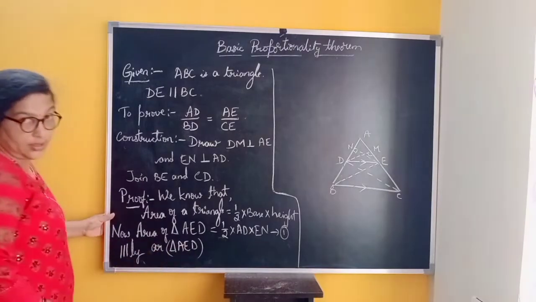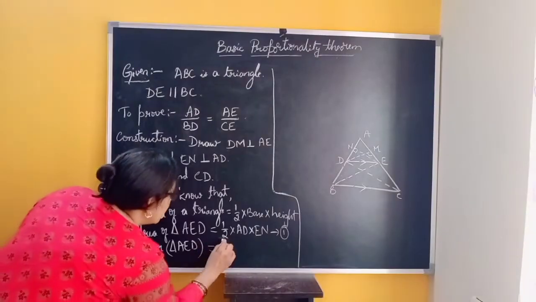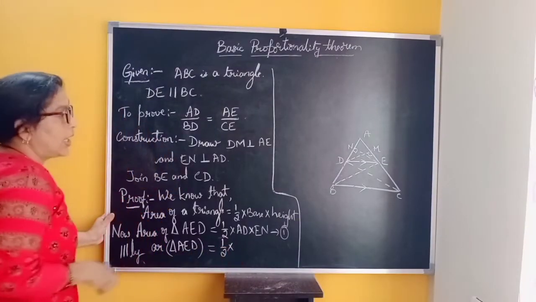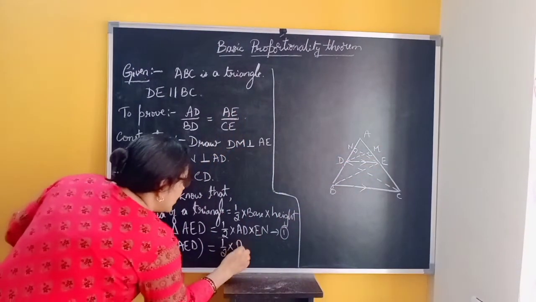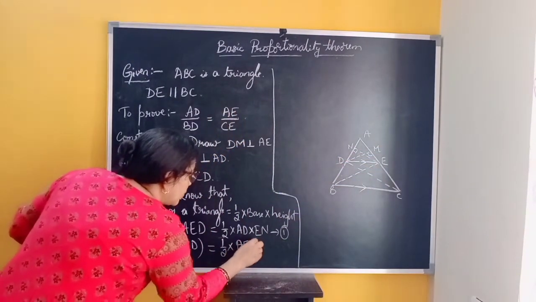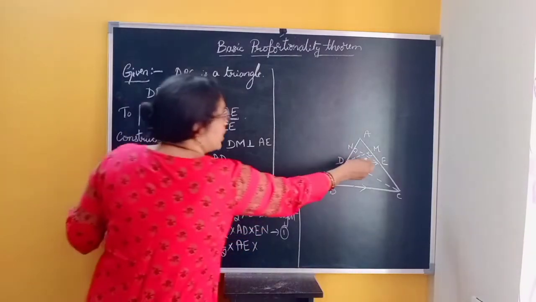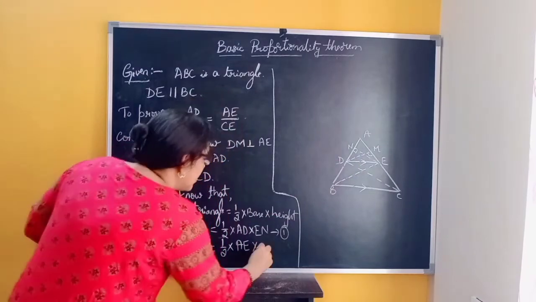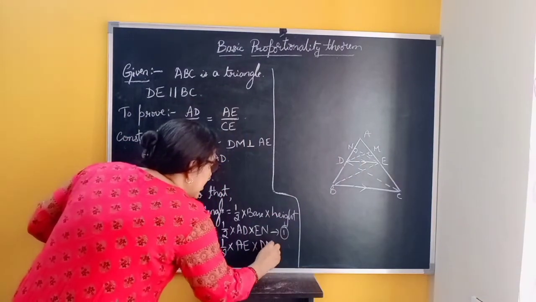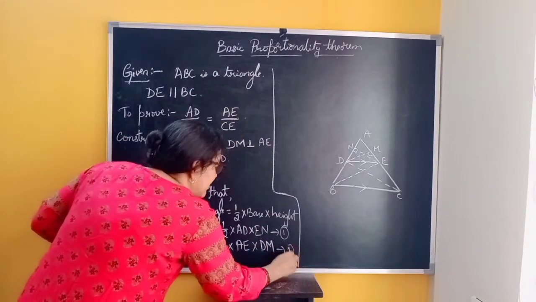Area of this is equal to half into base AE into height DM. When you take AE as the base, DM is the height. Consider this as equation 2.